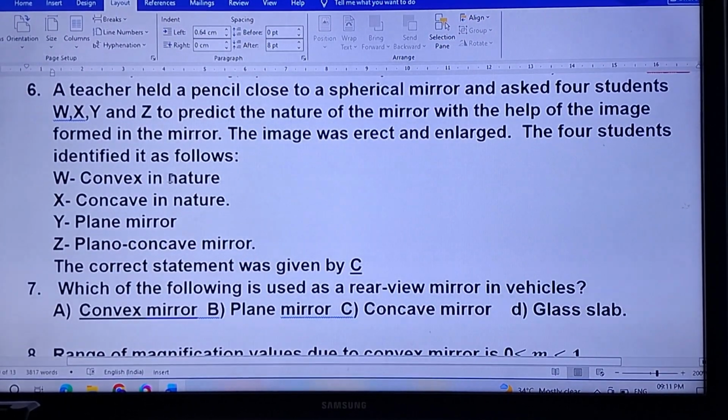W identified it as convex in nature. X identified it as concave in nature. Y said plane mirror. Z said plano concave mirror. So who is correct, children?